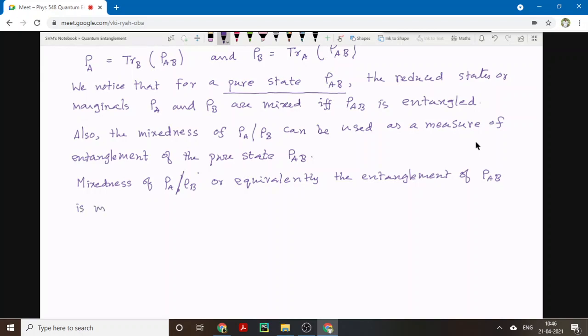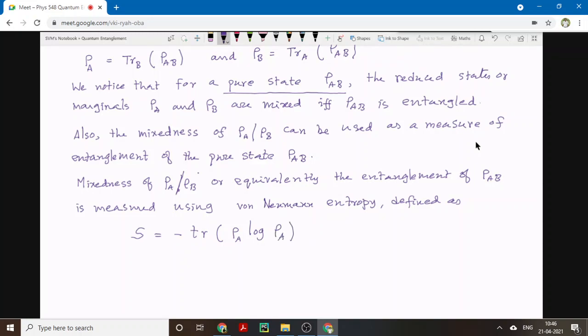The entanglement is measured using what is called von Neumann entropy, defined as S is equal to minus trace rho A logarithm of rho A. Here the logarithm is taken to the base 2.